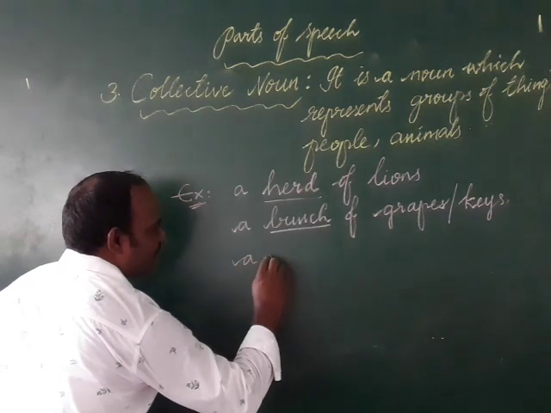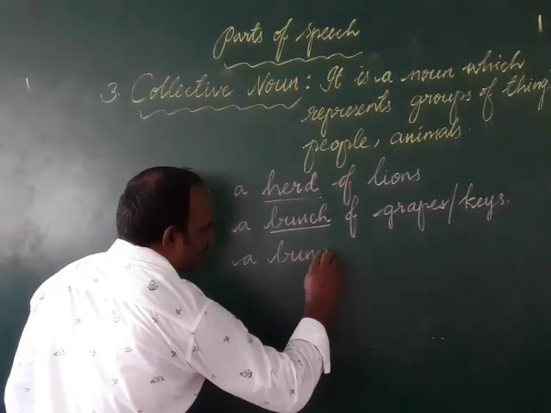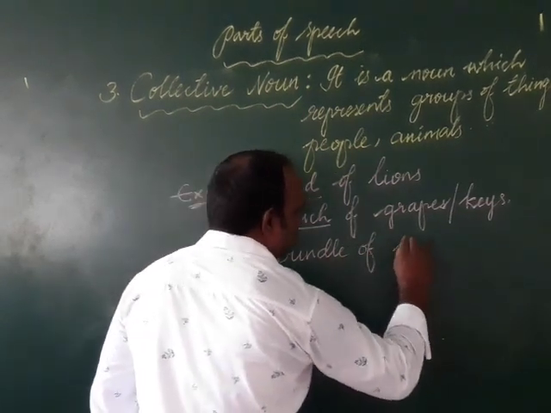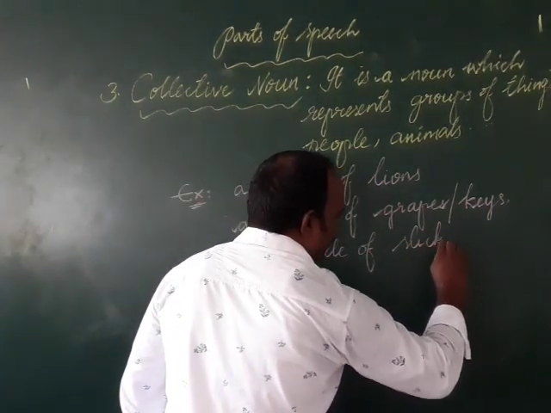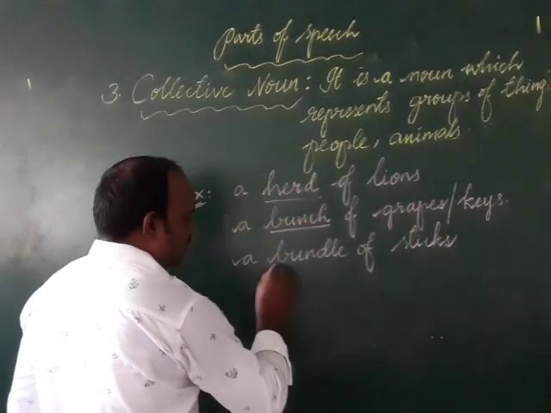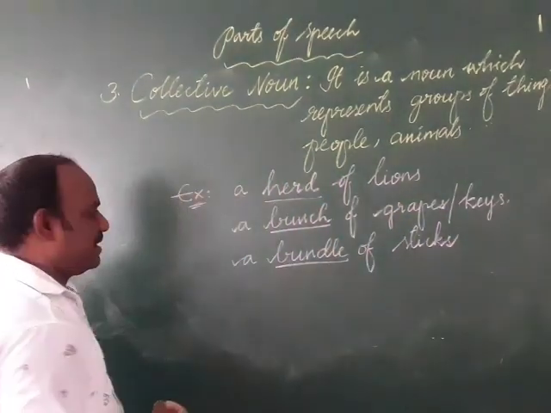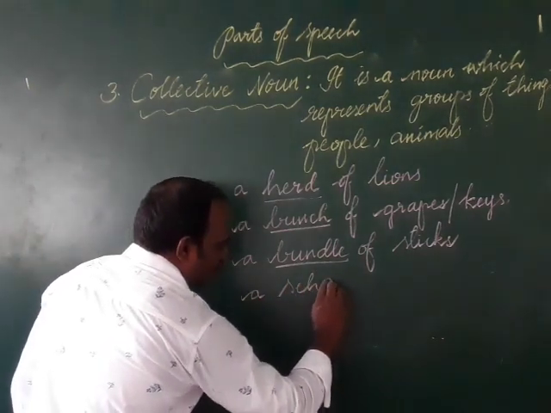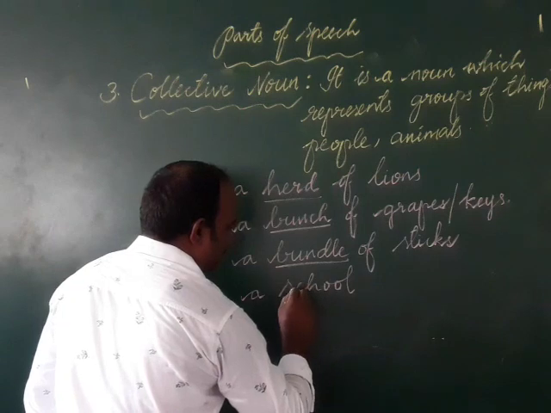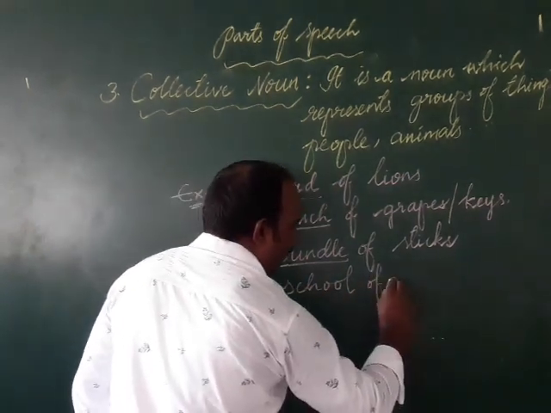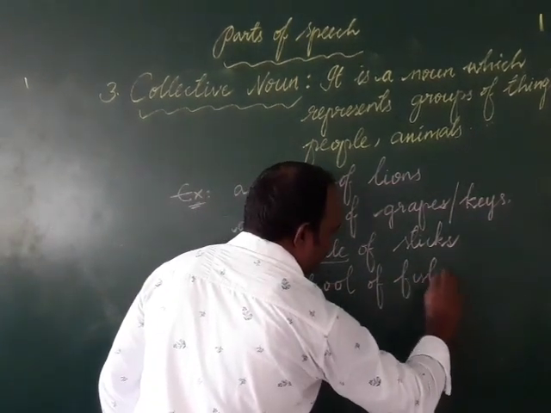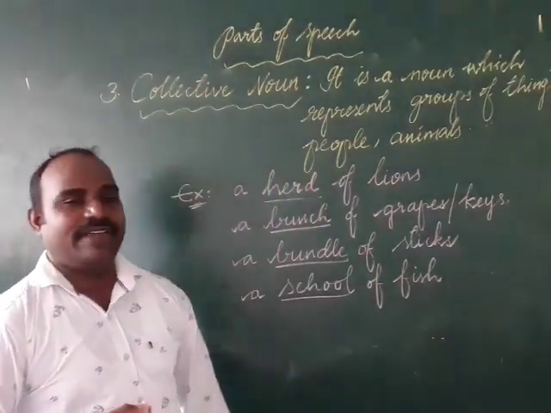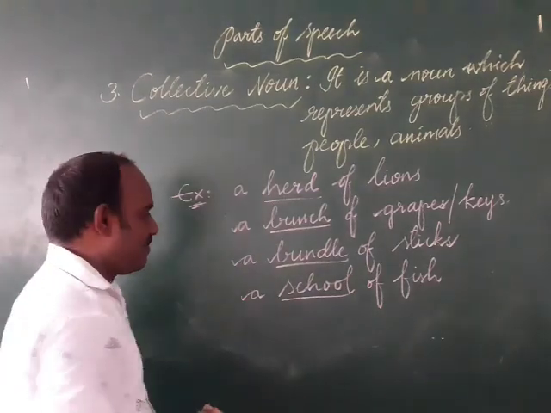Next. A bundle of sticks. Here the bundle is a collective noun. A school of fish. Here school is a group of fish, called a school of fish.